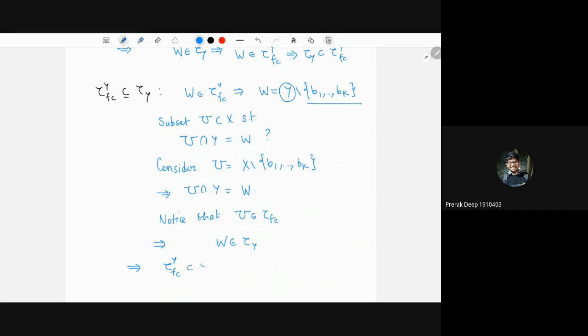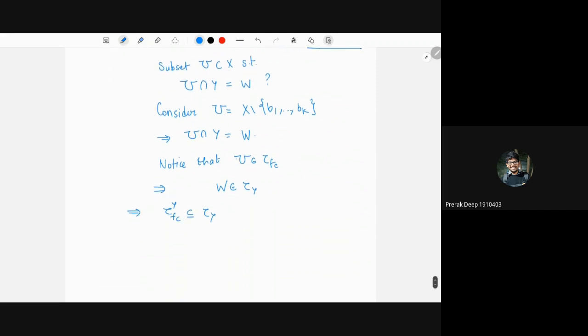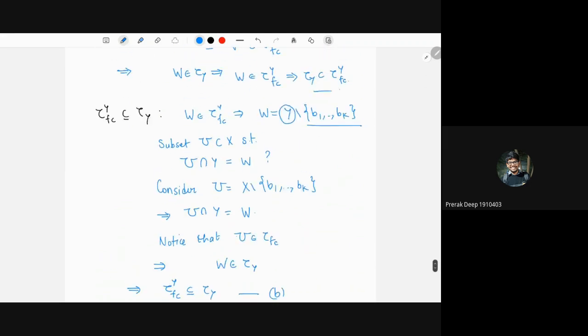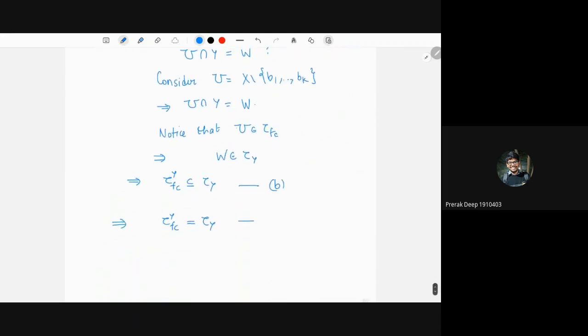So that means this is true. Now when these two things are true, we get tau YFC is equal to tau Y. This is equation b, this is equation a. Now from a and b, we get this.